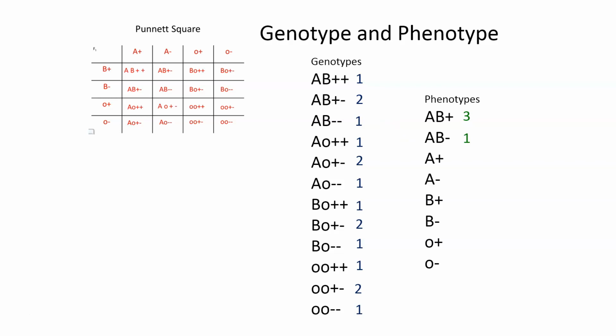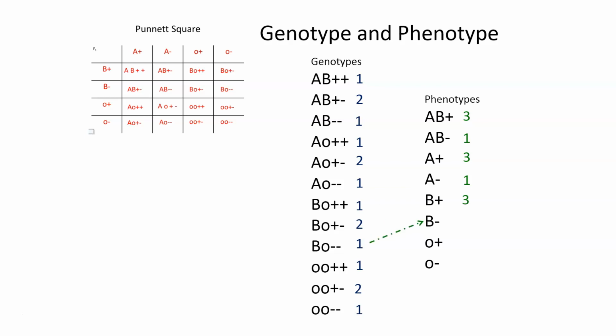The A positive could have an AA or an AO, and it's going to have 1 plus, so in this particular case, we've got 3 of those. The A negative is going to have an A and 2 negatives. The B plus is going to have a B and a plus, and we've got 3 of those.